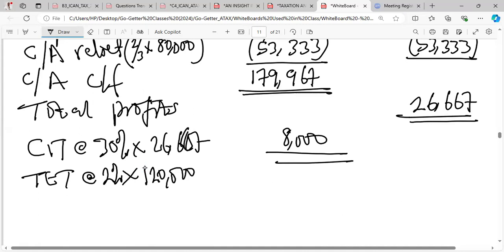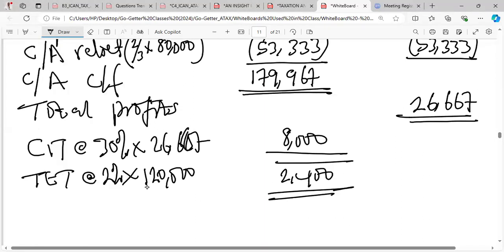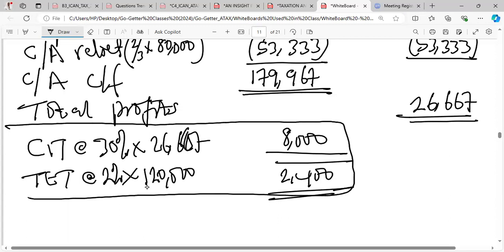So 2 over 100 times 120,000. That will give me 2,400. Although we are not asked this, I just did this for completeness.